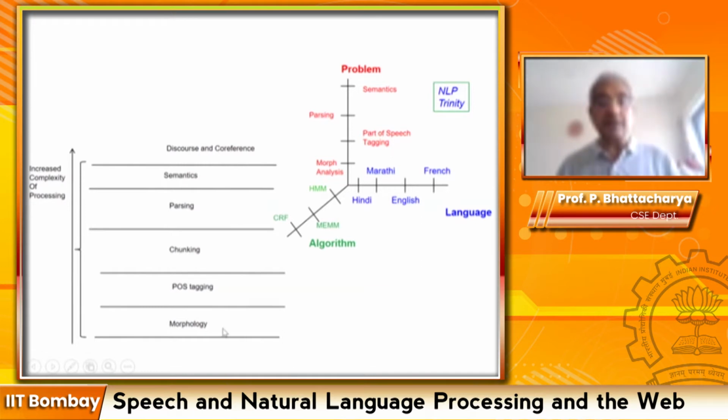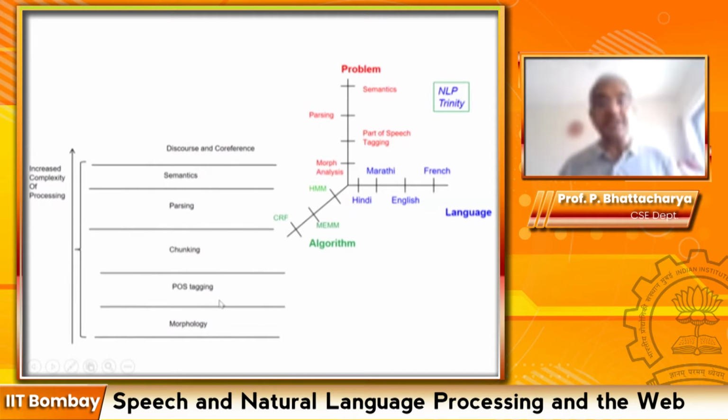NLP pipeline. The lower level tasks like morphology, part of speech tagging, chunking, they have to be data driven, okay, and they are amenable to machine learning and data driven techniques. But things become much more grand and much more complex as we take up higher levels of NLP tasks.